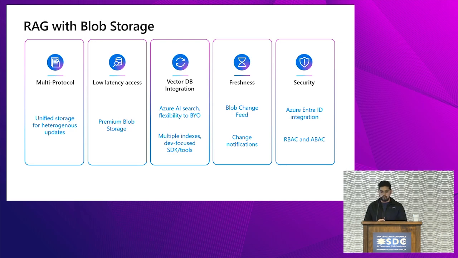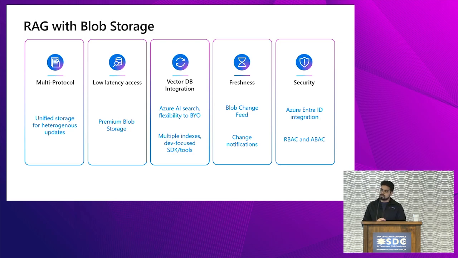The second, for low latency access, there is SSD-backed storage systems which are becoming more and more prevalent, and they're enabling technologies for blob storage, for example, Premium Blob that is built on SSD-backed storage to enable low latency access. We also integrate, by the way, with all the vector DBs, and this is true for most object storage systems today. So whether it's Pinecone, whether it's Azure AI Search, these vector DBs become front and center in this RAG pipeline, and the integration with object storage is super important there.